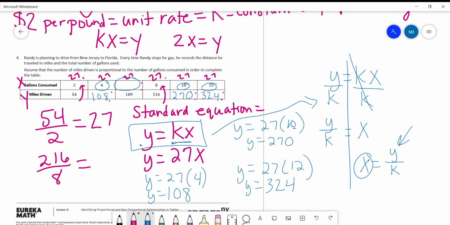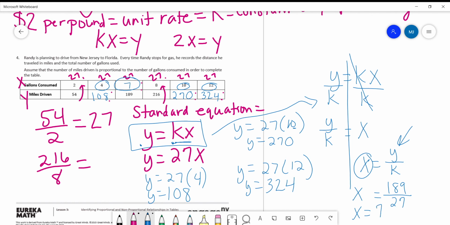So in this particular spot, I know that y is 189. I remember that k is still 27, so I can find x by just dividing 189 divided by 27. And x is going to be 7.